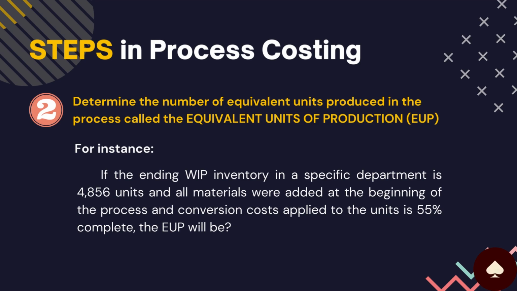For instance, if the ending work in process inventory in a specific department is 4,856 units, take note that this ending work in process inventory is not yet completed. All materials were added at the beginning of the production process, and conversion cost, or the labor and overhead cost, applied to the units is 55% complete as to conversion. The question is, what will be the EUP for materials and conversion?